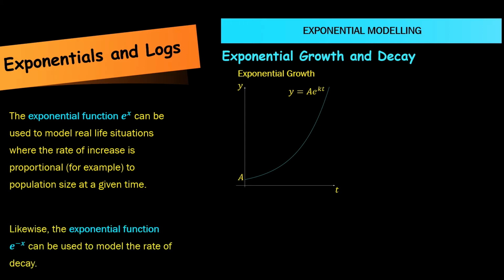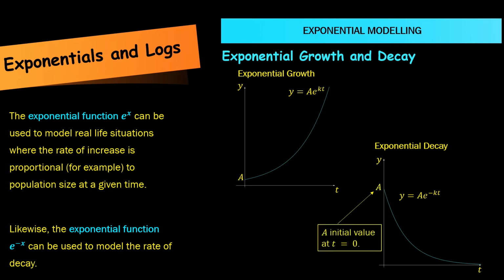Likewise, the exponential function e to the minus x can be used to model the rate of decay. Here's a sketch of the graph of y equals a times e to the minus kt, where k is greater than 0. This denotes exponential decay. The initial value is a, at t equals 0.